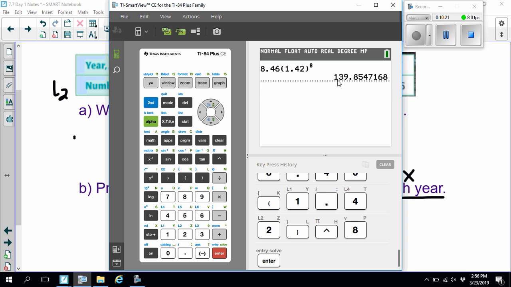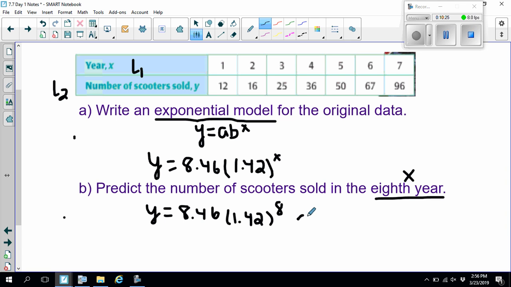So we're going to round to the nearest scooter. In this case, it's going to be 140. So that means on the 8th year, they sold about 140, and don't forget your label, scooters. Okay. So that would be our answer.